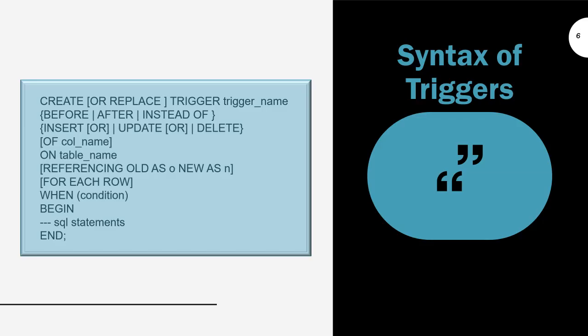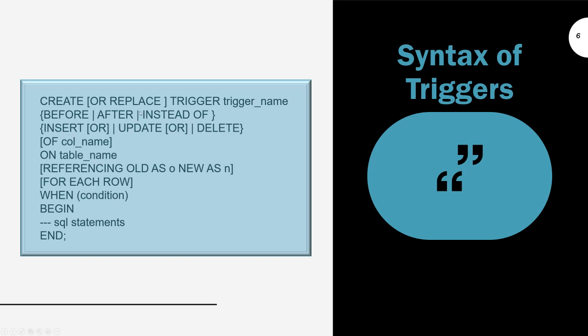This is the basic syntax of a trigger. You create your trigger similar to how we create everything else, with a CREATE or REPLACE statement. We've got a trigger, you give it a name, and then you define when it's going to be called or executed. So BEFORE, AFTER, INSTEAD OF, INSERT or UPDATE or DELETE.